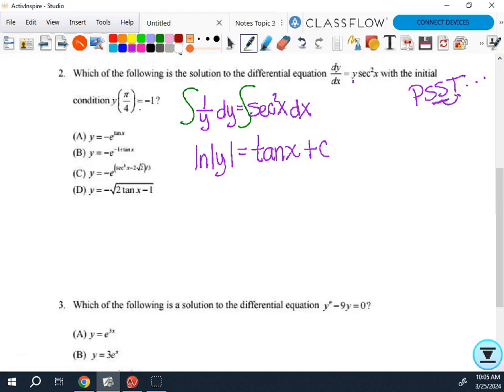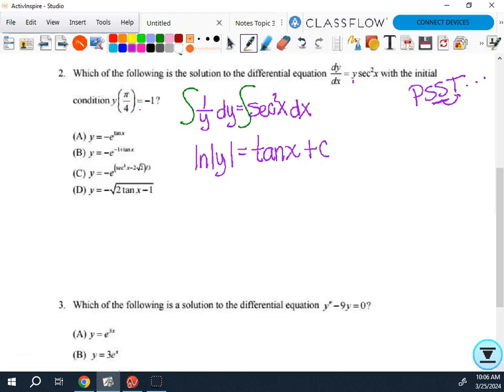Okay, so now I need to get my, and there are 2 different ways I could work this. Maybe I'll do it both ways, because I think I saw y'all do it 2 different ways. So I could right here substitute in my initial condition. Let me do that, and then I will come back and do it the other way.